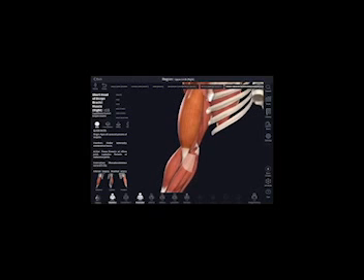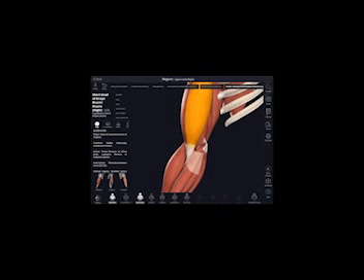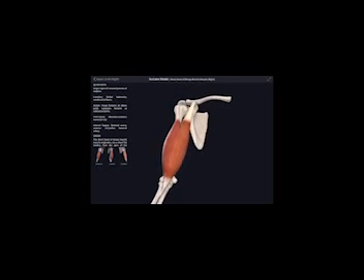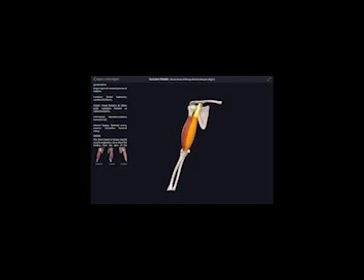Okay, so let's see if I can isolate the biceps here. There you go.